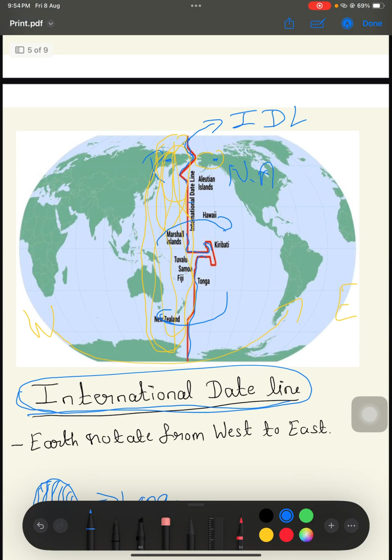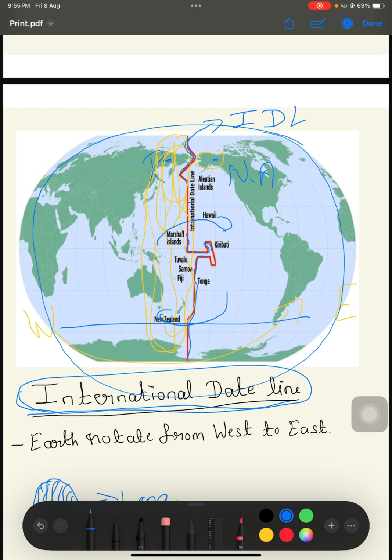Why? Because our earth is rotating from west to east. When it is rotating, sun rays will hit directly in this region first. That's why when we are moving here we will lose 1 day. When we are moving here we will gain 1 day.